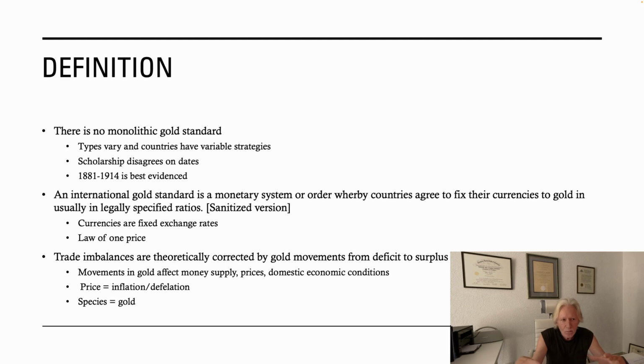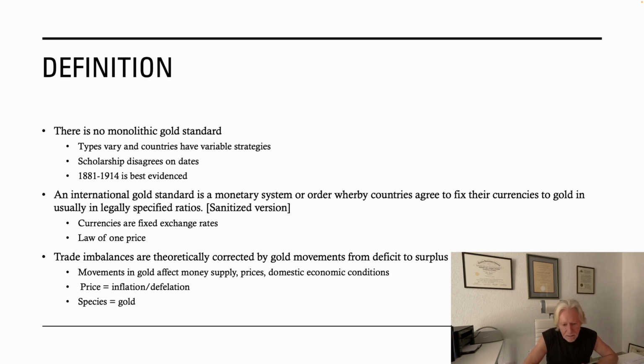So when each country has stated its official par value of its currency in terms of gold, we have fixed exchange rates for international trade, and we also have, in theory, the law of one price, because essentially, no matter what currency you're using, the base currency is gold.